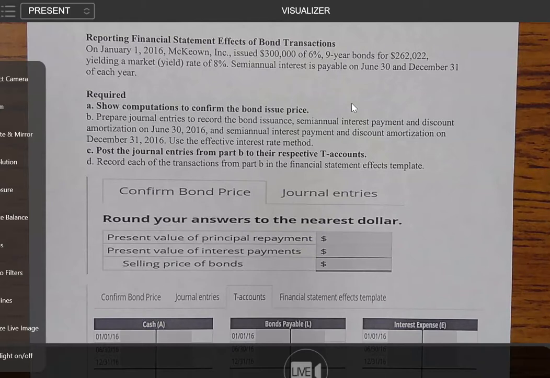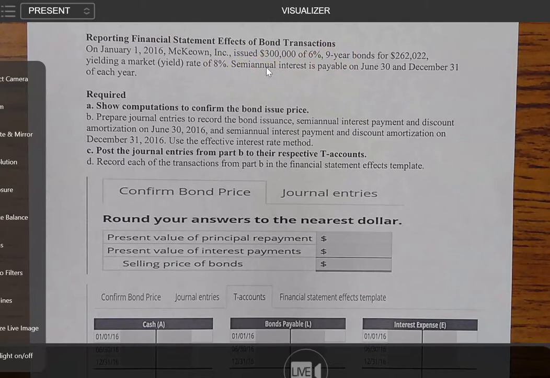So it says they want something that you don't often see. It's quite common to have to take a $300,000 bond, use the percentage of stated interest rate and market rate, put the term in there. These are semi-annual bonds.